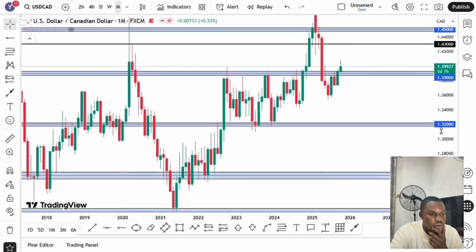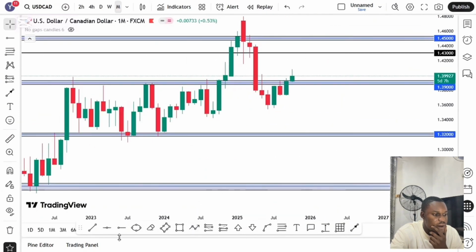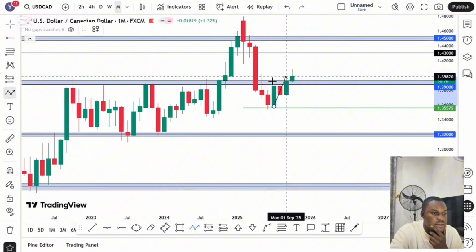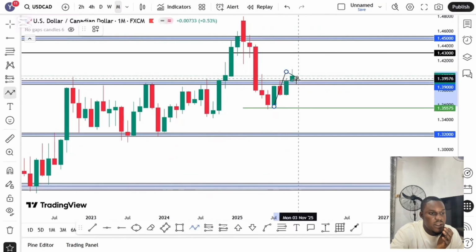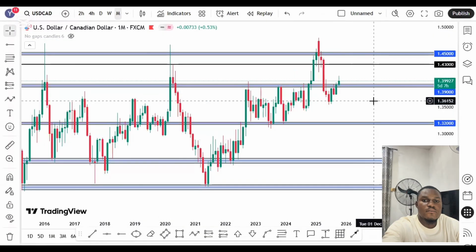Now if you check closely, we have rested at this level right here, and also we have broken above this major key level, which means, as I said before, if you break any key level, we expect the market to go to the next key level right here.